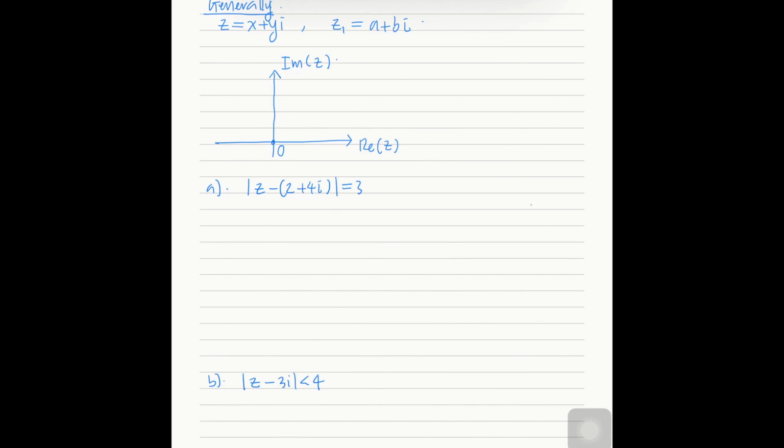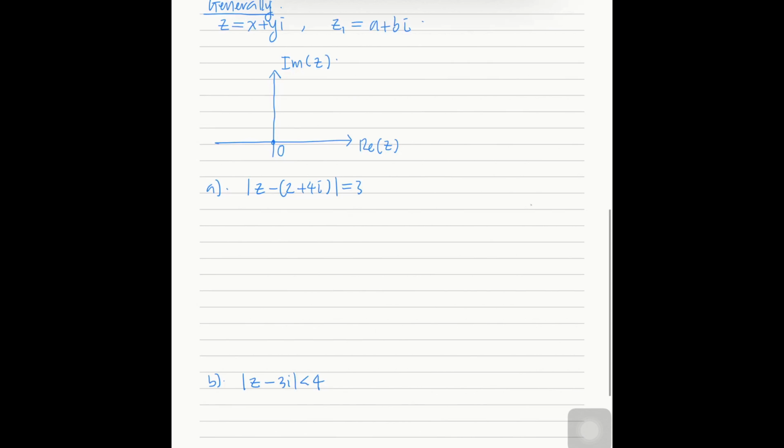Now we have the general problem. Let's consider two complex numbers. The first complex number we denote by z equal to x plus yi, and the second complex number denoted by z1 equal to a plus bi. If we present it in an Argand diagram, we can put it generally.